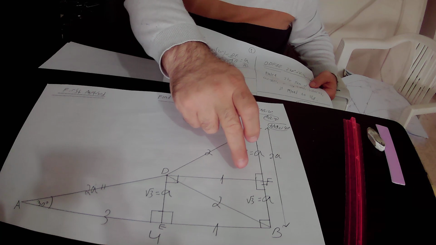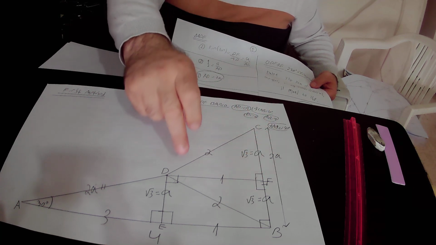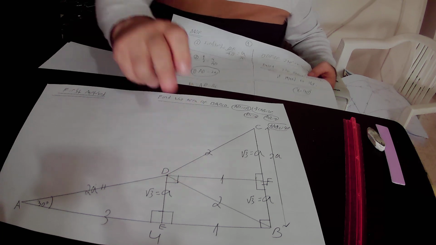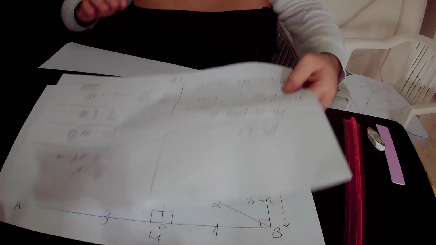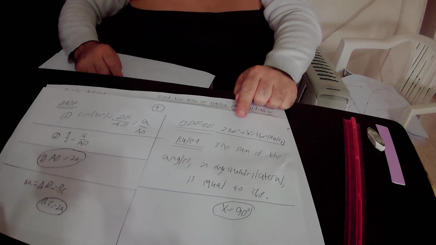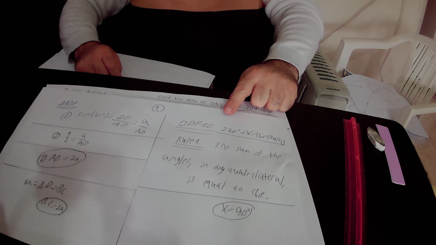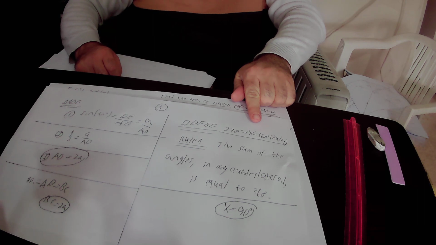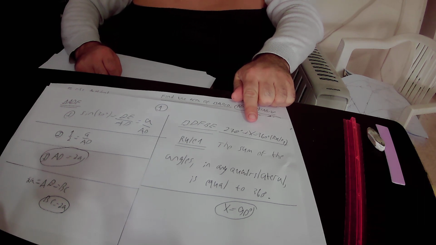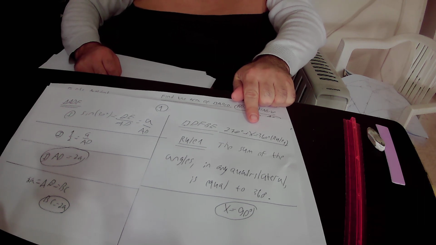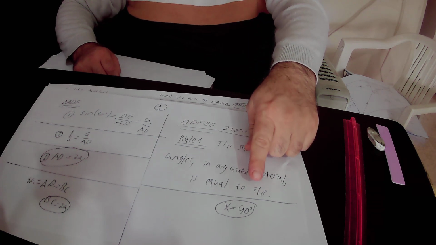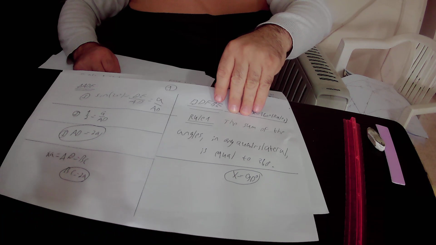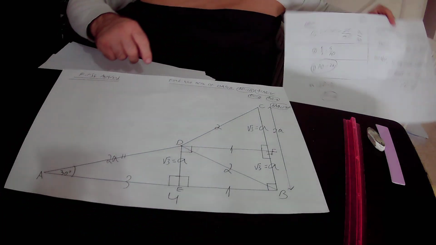The sum of 3 right angles is 270 degrees, plus the size of the 4th angle that we define, this angle x, must be equal to 360 degrees according to rule number 1. We subtracted 270 degrees from this equation and we got that angle x equals 90 degrees. So we found out that angle x equals 90 degrees.